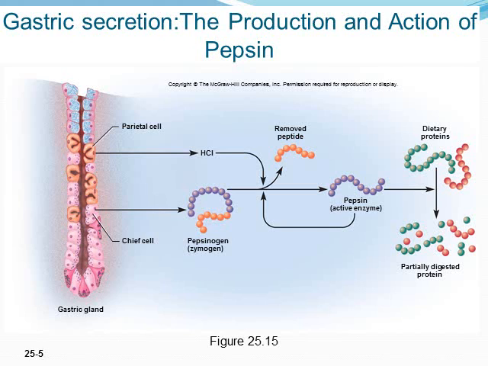All right, so this is fairly straightforward. It's from an A&P textbook, but it shows how the chief cells in the glands of the stomach, specifically the gastric glands, secrete pepsinogen. And this is what's known as a zymogen. A zymogen is an enzyme that hasn't been activated.